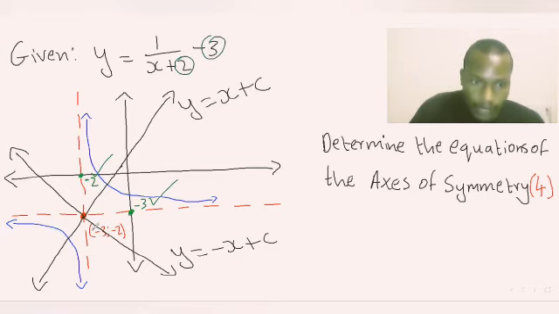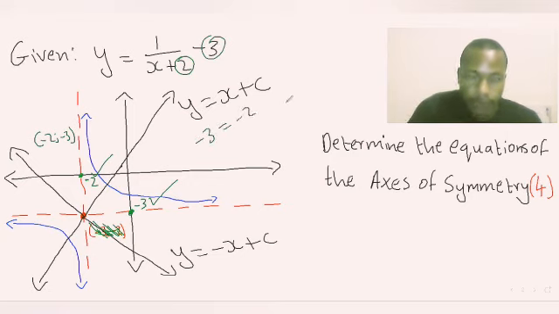Actually, I seem to have made a small mistake there. This should be (-2, -3), since the x would be -2 and the y would be -3. So now this would be -3 equals -2 plus c, and c would equal -1.